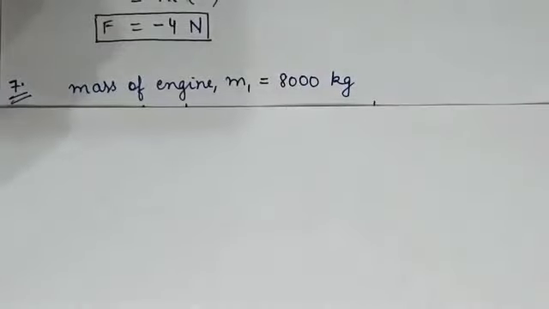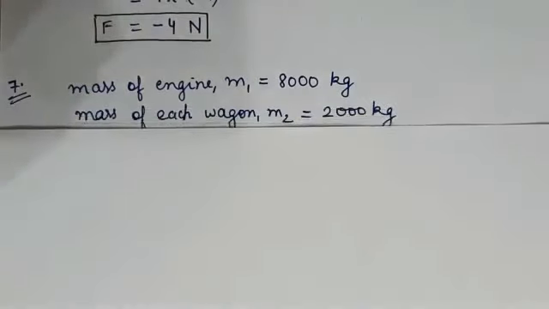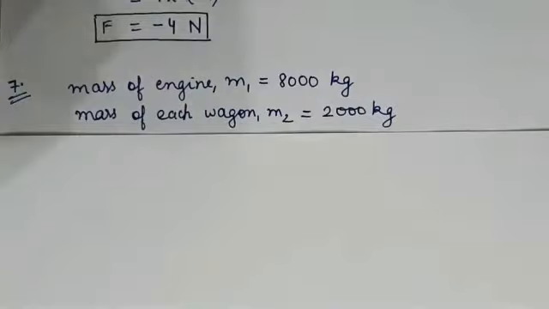Coming to question number 7. A 8000 kg engine pulls a train of 5 wagons. Okay, so the mass of engine is given. Let it be M1, that is 8000 kg. This engine pulls a train of 5 wagons, each of 2000 kg. So mass of each wagon, let it be M2, that is 2000 kg, along a horizontal track.